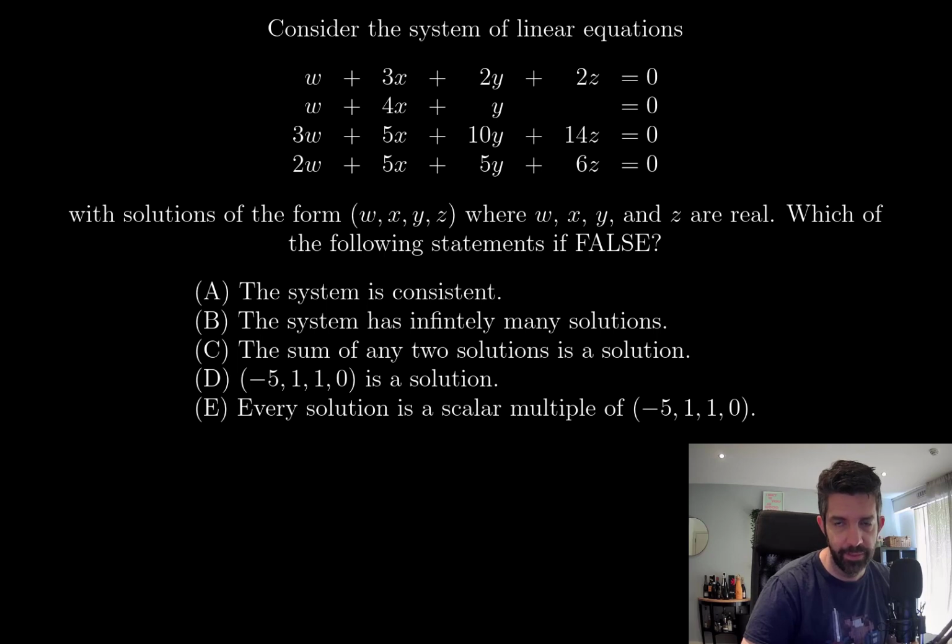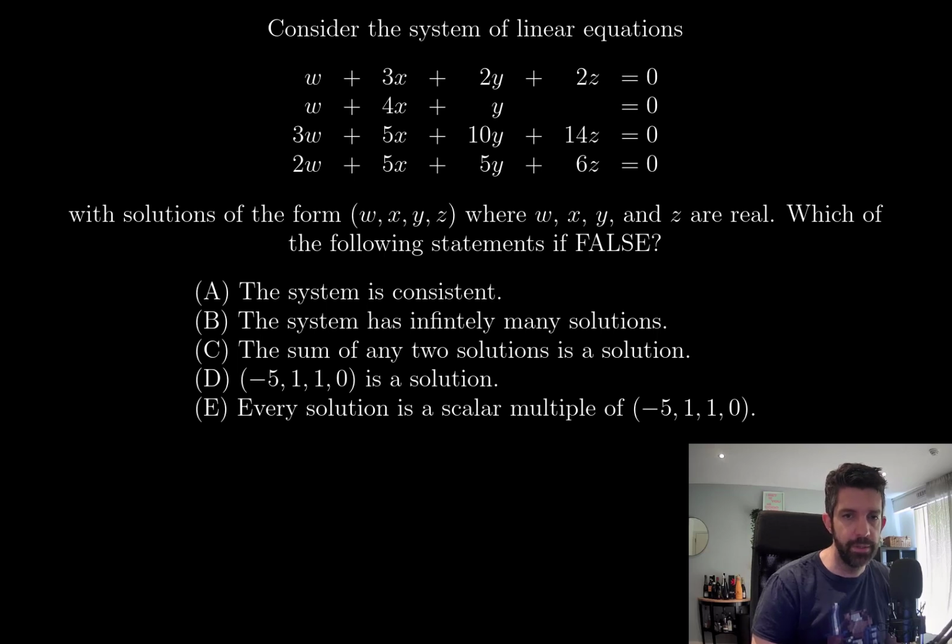Just doing the mental math. Z is equal to 0, so you're essentially just adding multiples of the first three coefficients. So D is correct. C is correct. And because D is correct, we know now that B is also correct.